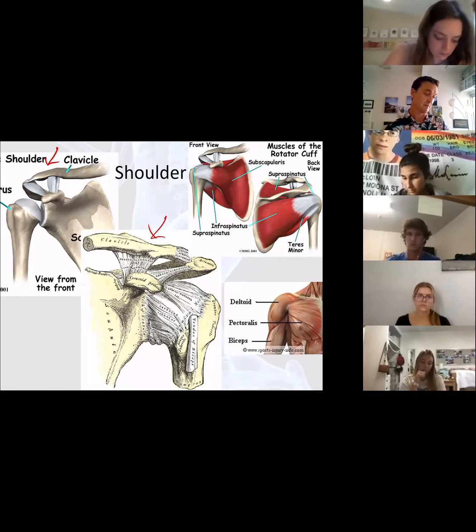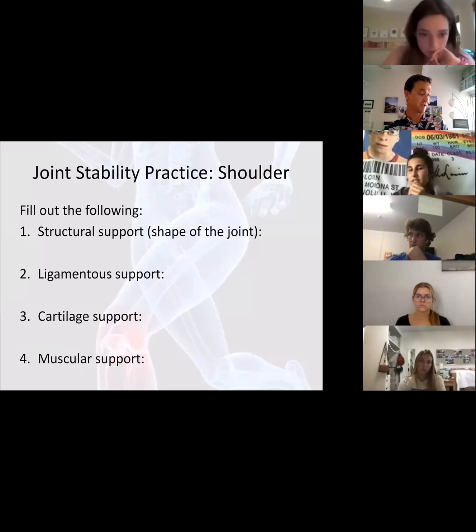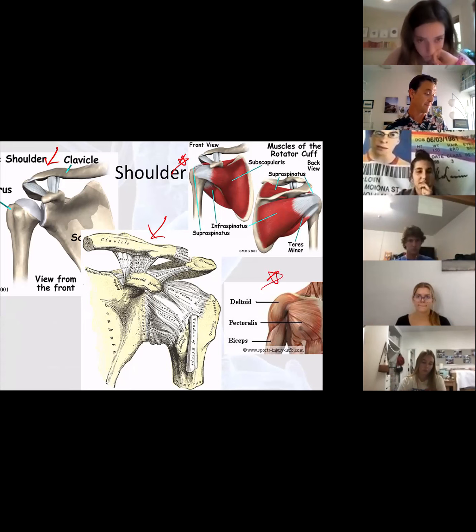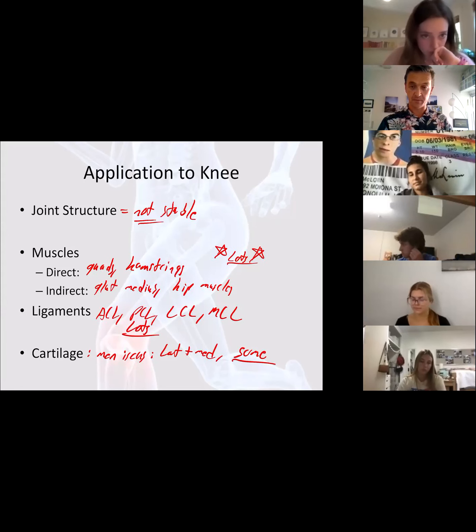And then we've got some muscles here, both small ones and big ones. Use that, and I'm going to send you into your breakout groups to fill in this last part about how you think all of this applies to the shoulder. I'll put this back here in case you're still writing that. I'll put you into your breakout rooms to talk about how this applies to the shoulder, and we will wrap up with that. So let me go ahead and send you out.